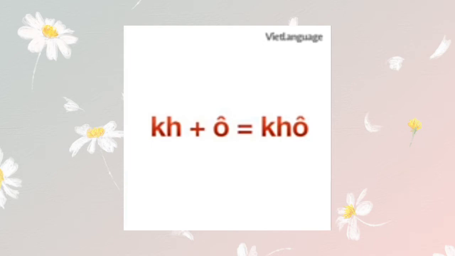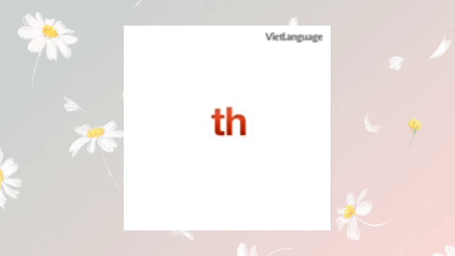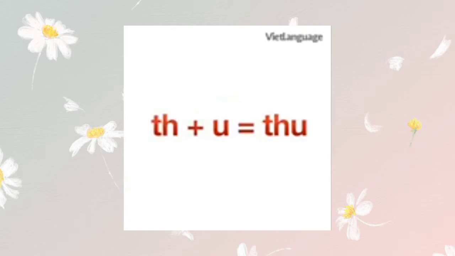H, the vowel is o, h, o, ho. Next is t, t. This word means autumn. T, u, to, to.